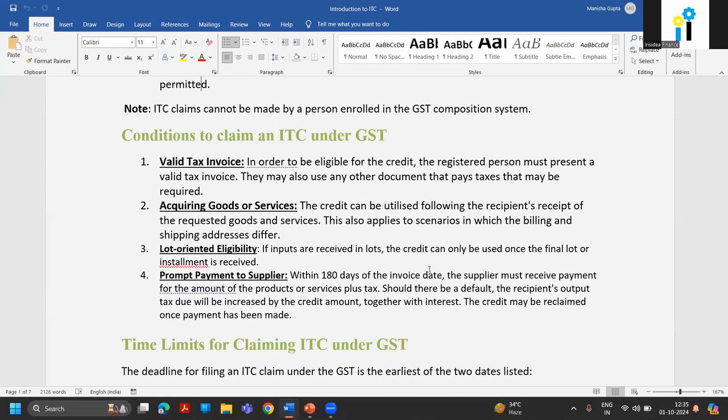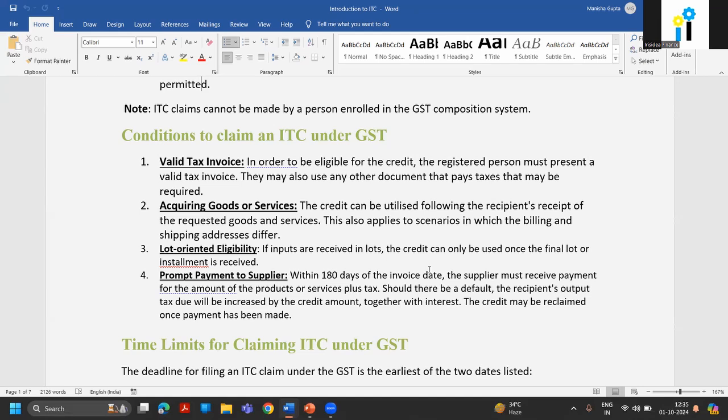Like Amazon, you are ordering goods for your sister or your mother, father, anyone. In the billing address it will be your address and the shipping address is different. You are shipping to another state or city or any other place. So at that time that receipt is required for claiming ITC.